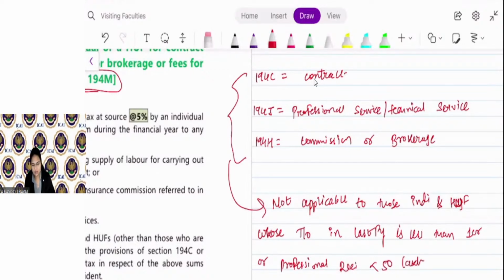Then they are not required to deduct TDS on any contract given by them, or any professional service they obtain, or any commission or brokerage they are to pay.